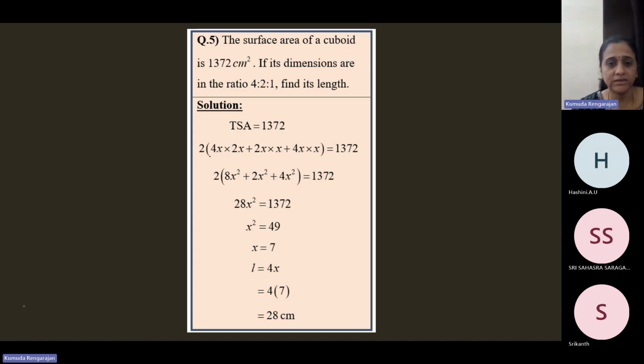This is L into B, 4x into 2x. This is B into H. This is L into H. 2 into (LB plus BH plus LH) is equal to 1372. So this is 8x squared, 2x squared, 4x squared. When you add, 14x squared into 2, 28x squared.